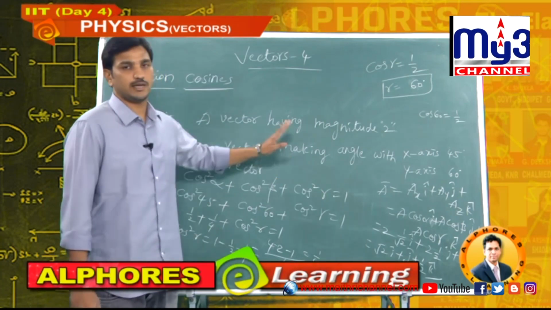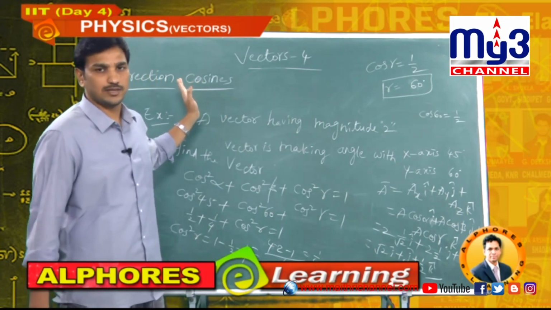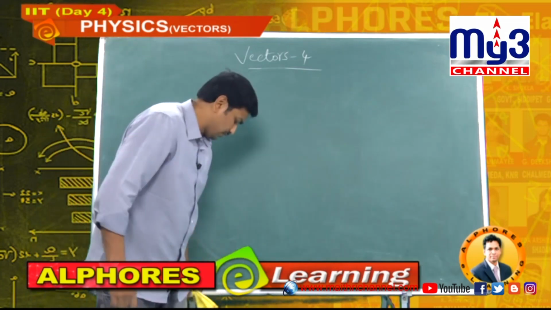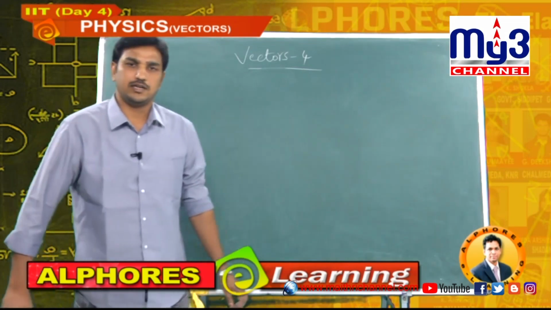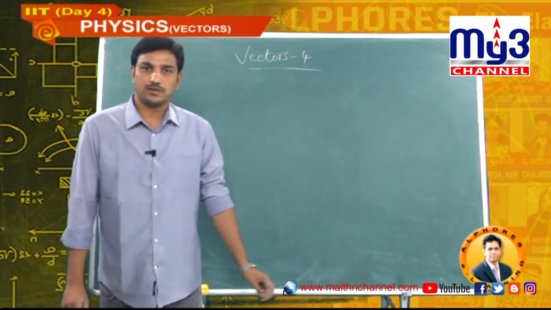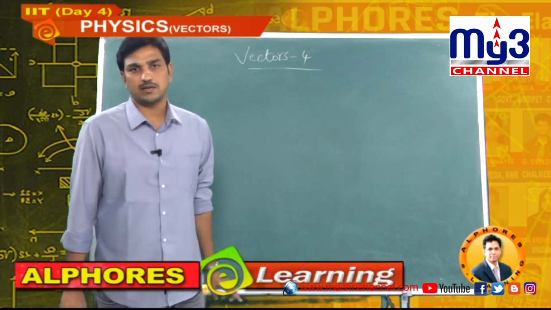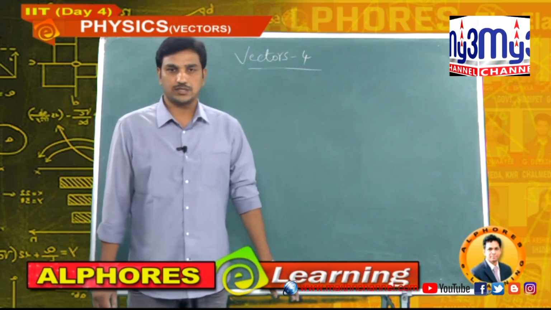So this is one example to understand how we use direction cosines in our concept. Next one, addition of vectors, which we started yesterday. How do we add two vectors? When the head of the first vector is joined with the tail of the other vector, that is the addition of two vectors.